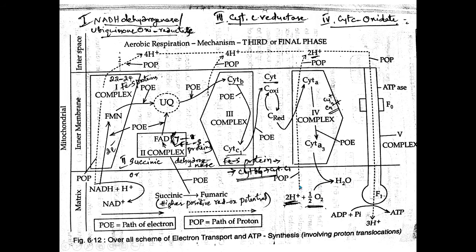Here also you see four protons. Out of four protons for two electrons, only two protons enter into the intermembranal space, whereas the other two protons move to oxygen to reduce it to water. Electrons come from cytochrome A3, and protons from the mitochondrial matrix reach the oxygen, and oxygen is reduced to a water molecule.